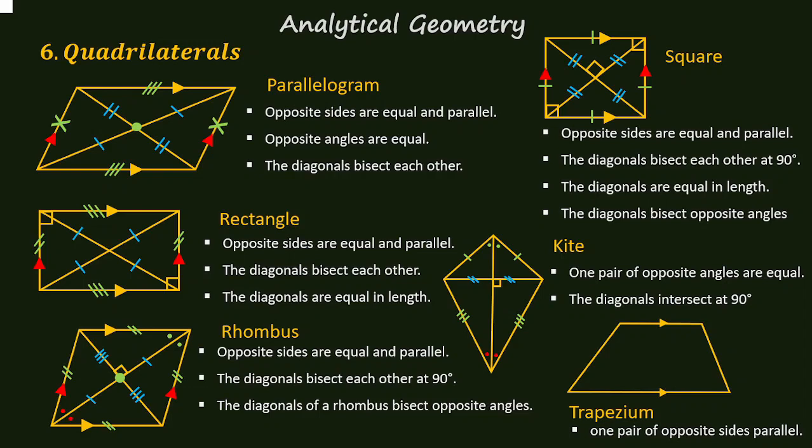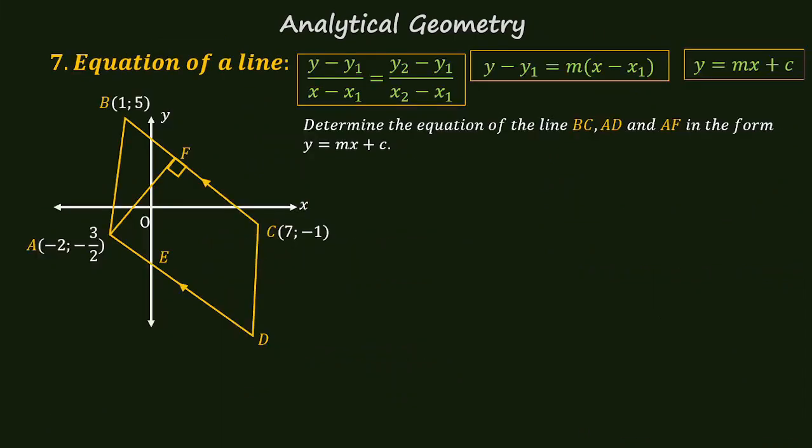I want us now to look at how to find the equation of a straight line. There are three scenarios in which you may be required to calculate the equation of a straight line. In the first one, you may be given 2 points.